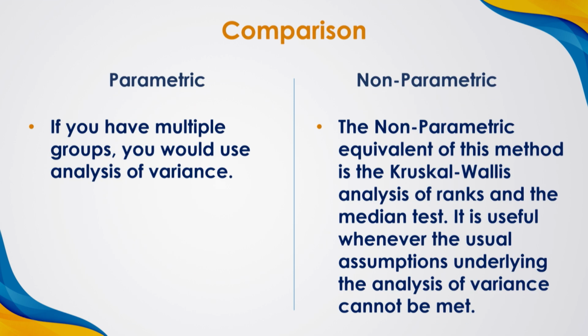If you have multiple groups, you would use analysis of variance. Counter to that, in non-parametric, the equivalent methods are Kruskal-Wallis analysis of ranks and the median test. It is useful whenever the usual assumptions underlying the analysis of variance cannot be met.